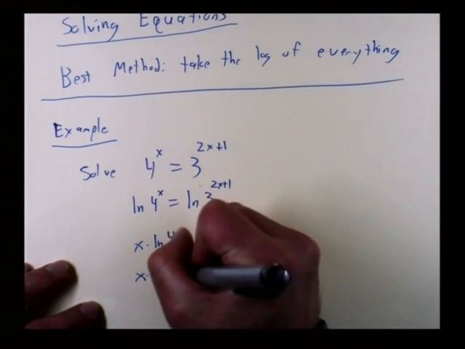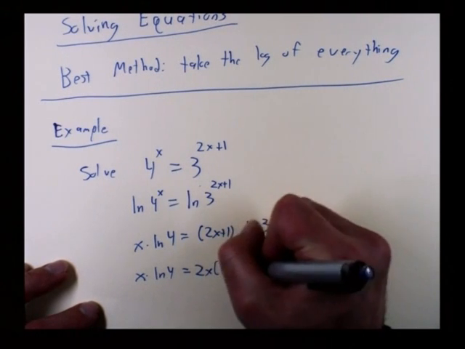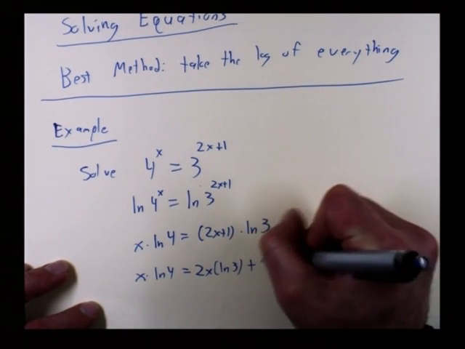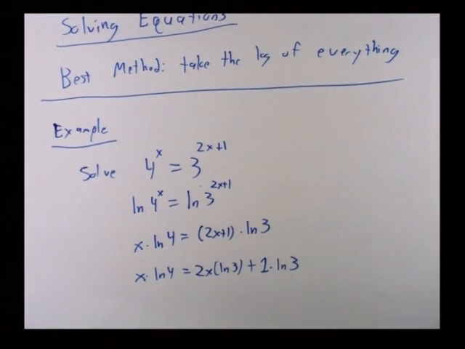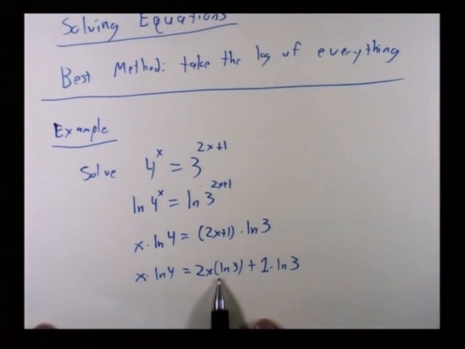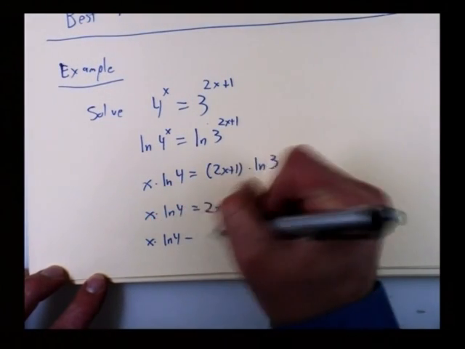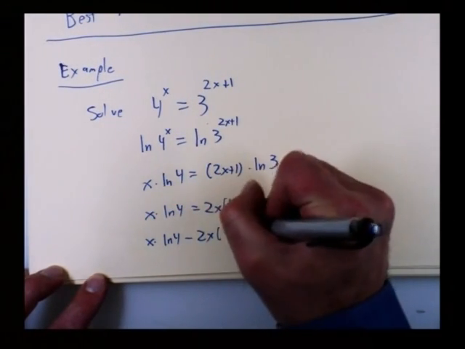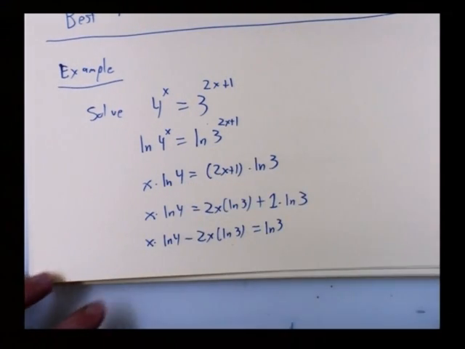I have x times the natural log of 4 is equal to 2x times the natural log of 3 plus 1 times the natural log of 3. Now I can put my x terms together a little more easily. If I subtract on this side, x times the natural log of 4 minus 2x times the natural log of 3 is equal to the natural log of 3.